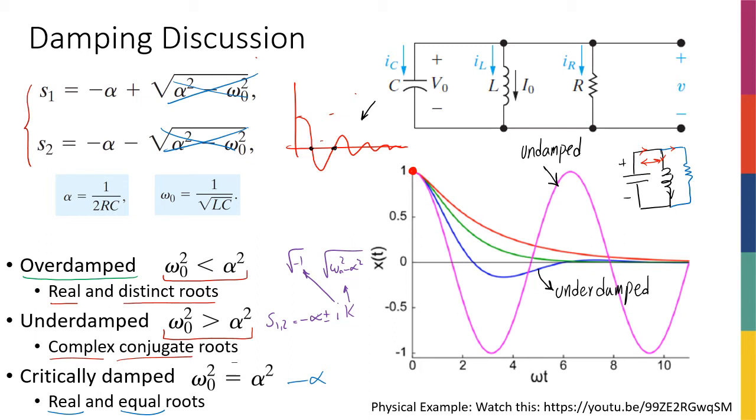And remember that we defined this omega naught as the resonance frequency, and this is the reason. So basically, it's related to L and C. The frequency of this energy going back and forth between the inductor and capacitor depends on the value of L and the value of C, right?